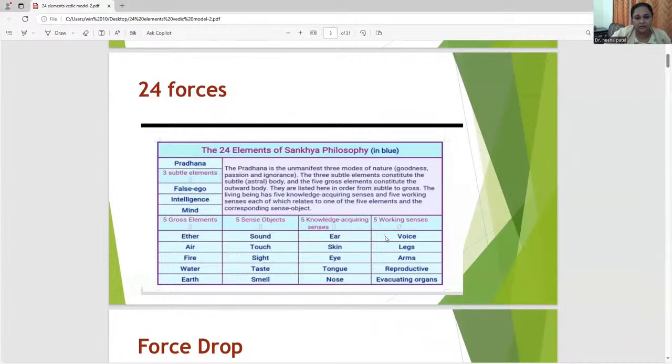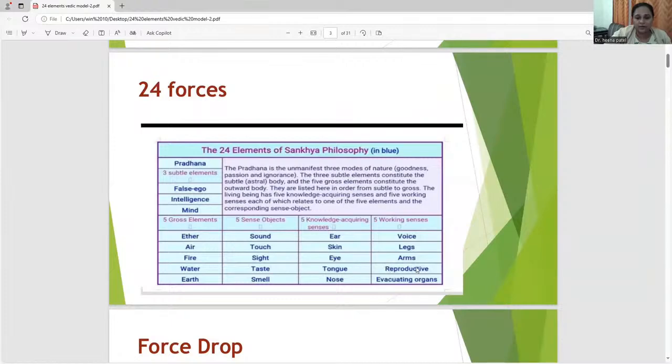They do not speak clearly. There is a lot of problem in speech and language because the ether element is disturbed due to your experiences. Sometimes they are having issues with the coordination of the legs and arms.